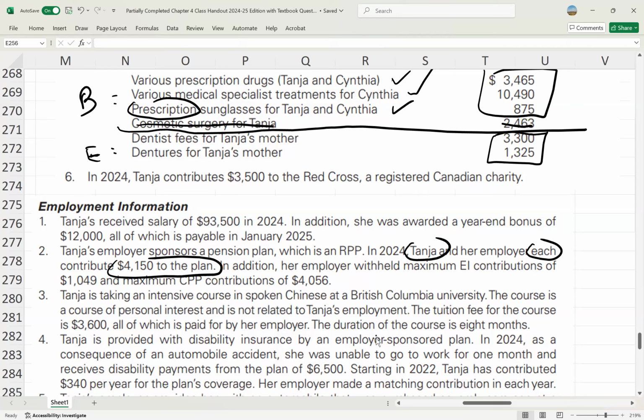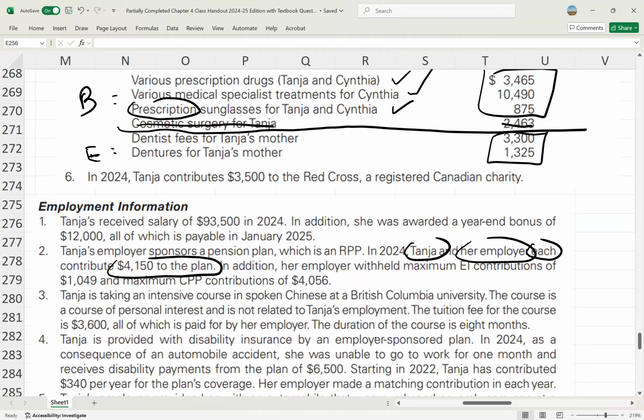And we said that the amount that her employer puts in, even though it's added value to her pension plan, again, the government is trying to encourage Canadians and the companies they work for to help their employees save for retirement. That 4150 will not be a taxable benefit.